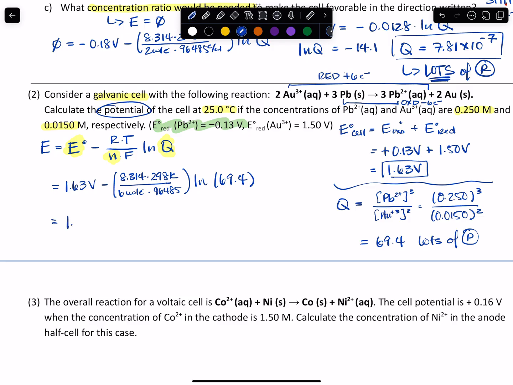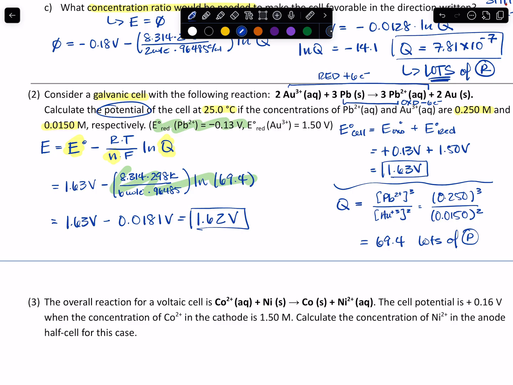So we're going to get 1.63 volts minus 0.0181 volts. That is this whole piece computed out. So we're going to end up with 1.62 volts. So that setup, that concentration actually took away from our cell potential a little bit.